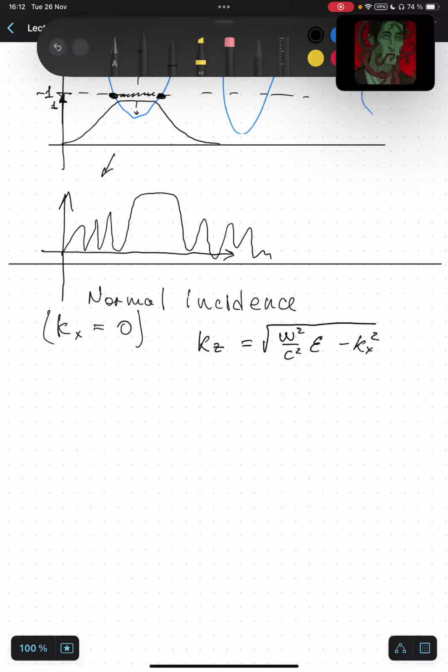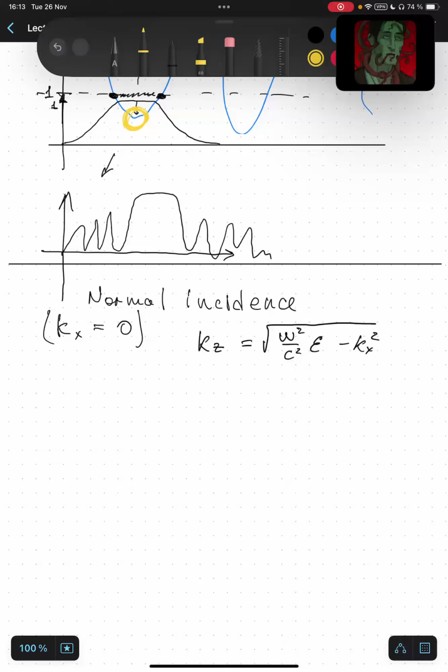What is important when we analyze the band gaps in photonic crystals is to know where the band gap is, so the positions of band gaps. We actually see that it is somewhere here.